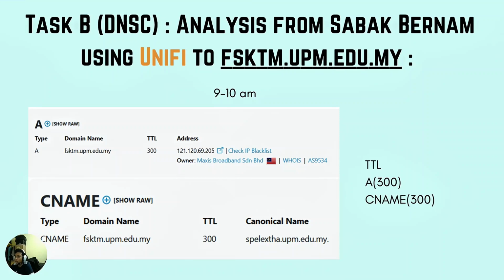And then I'm using the DNS checker to show whether this IP address I use in my project. So for the analysis from 9 to 10 a.m., I find the result by finding the TTL number and CNAME number, and I get the A number is 300 and CNAME is 300.